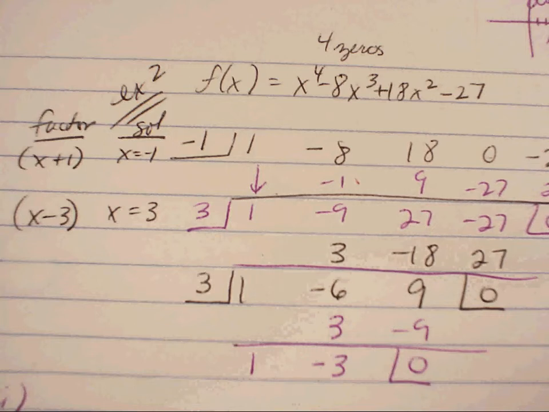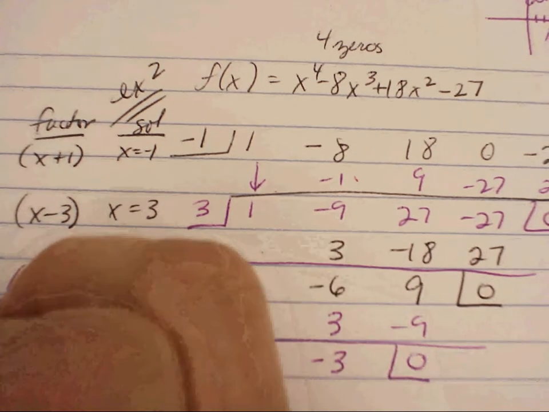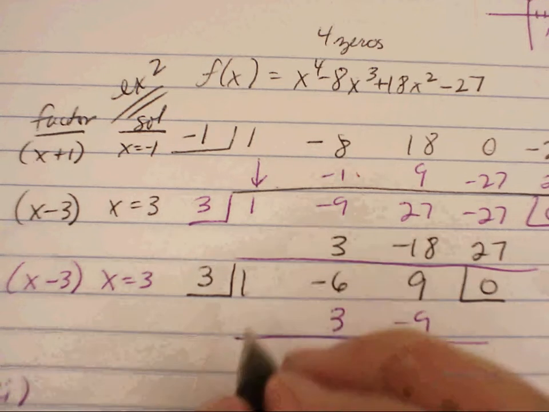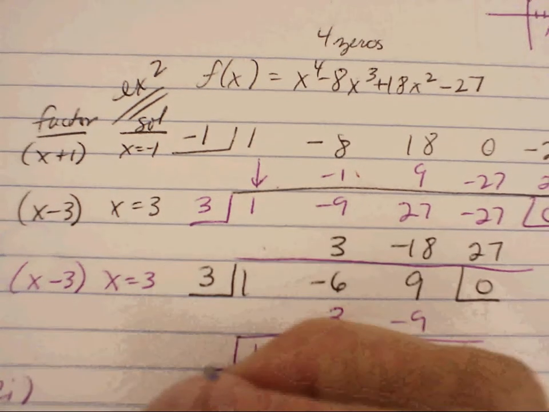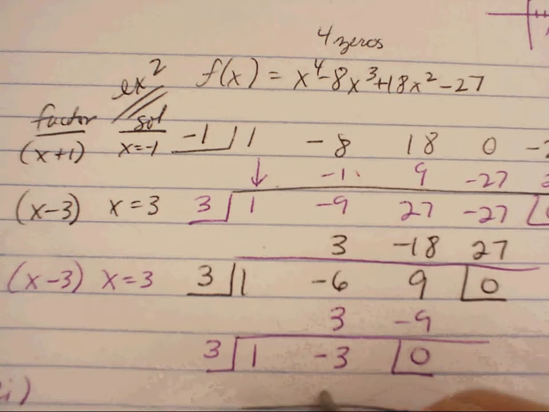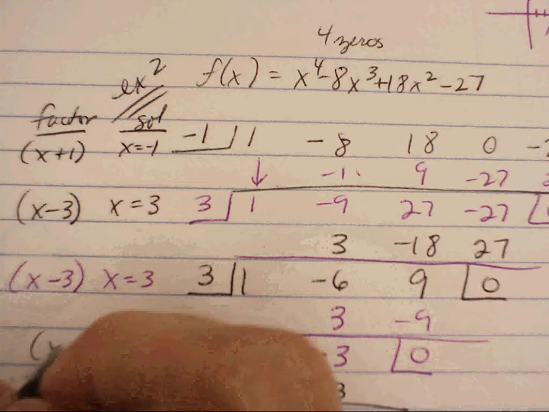There's nothing in common with 1, -6, or 9. So if I potentially might have a double root, I'm going to check 3 again. And what happened? It worked. So I have another 3.